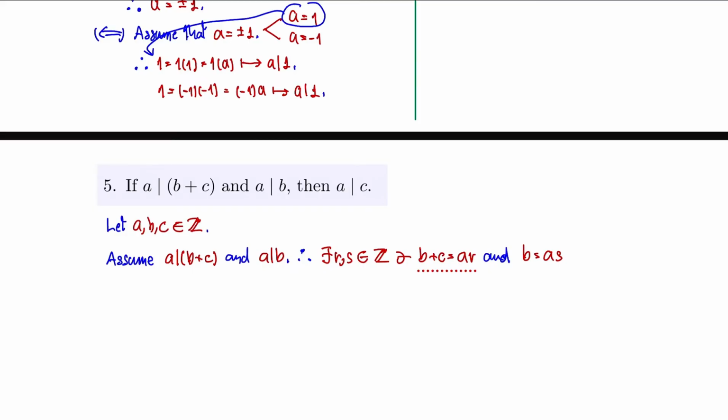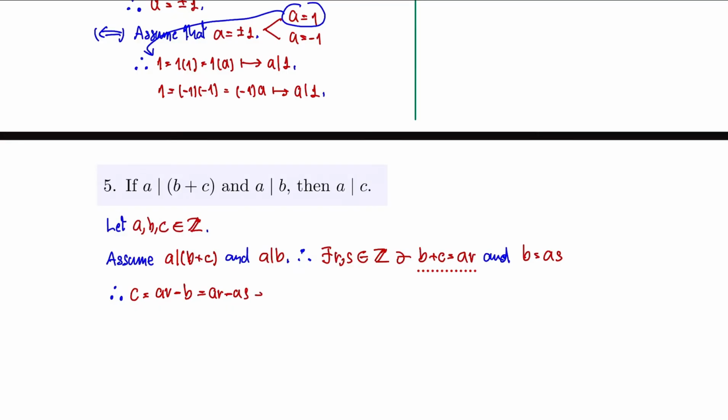So we start with C, which is an integer. As we can see, C is going to be AR minus B, right? C is AR minus B, and B is AS. So we have AR minus AS.